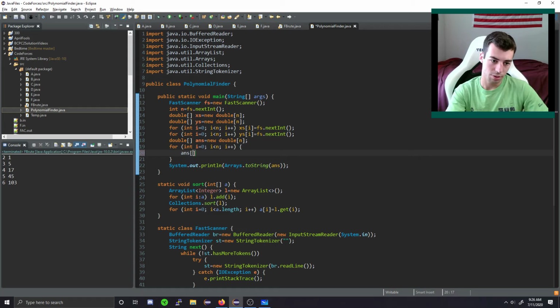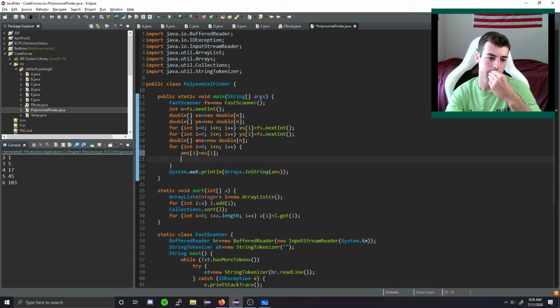So ans at 0, or ans at i, equals xs at i. For int j equals i plus 1, j is less than n, j plus plus.